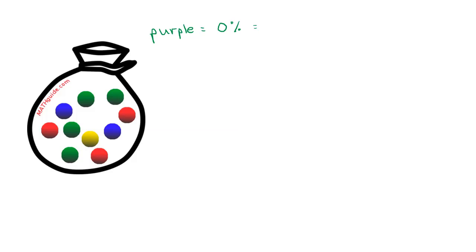Because if we counted those marbles, 1, 2, 3, 4, 5, 6, 7, 8, 9, 10, we can say, well, there's 0 out of 10 of them that are purple. So that means 0 probability, which also can be written like this. It's impossible.